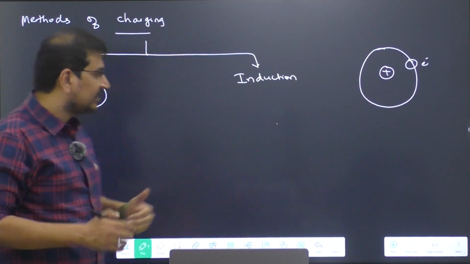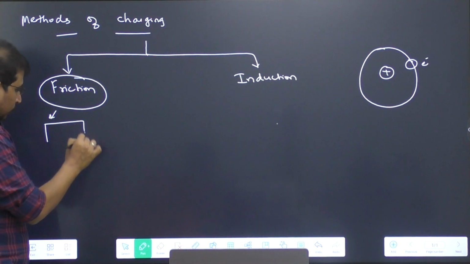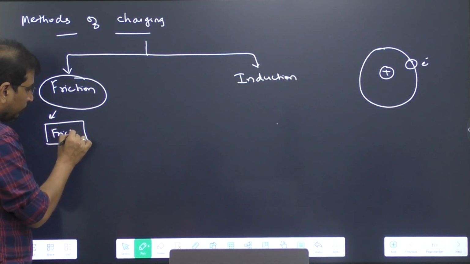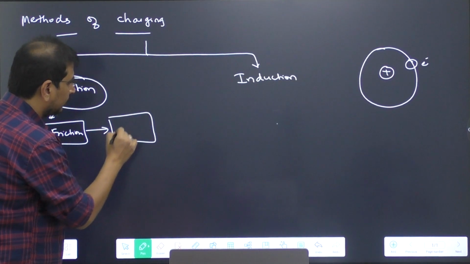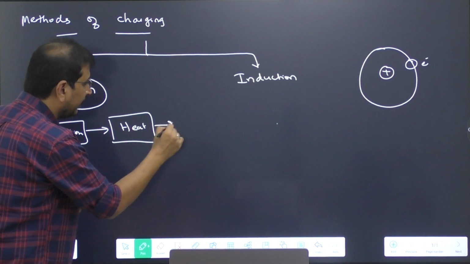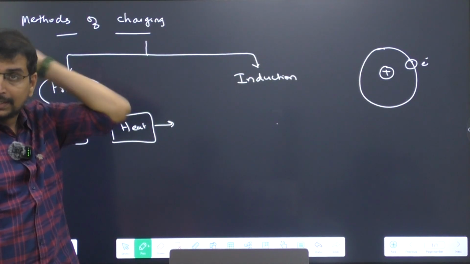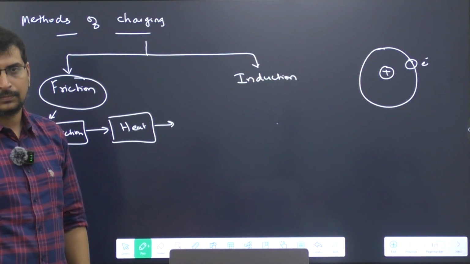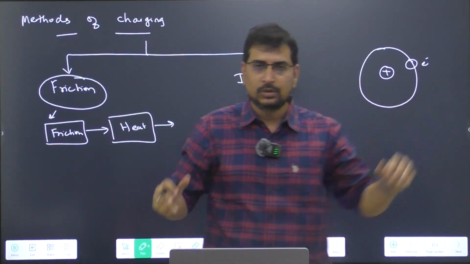So what exactly is happening here is through friction, the first thing, if I put a block like this, what are you able to generate? Heat. And what is that heat actually able to do? Make the electron escape from the surface. Either of the materials in contact should lose and the other should gain.